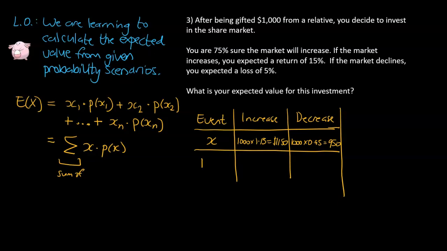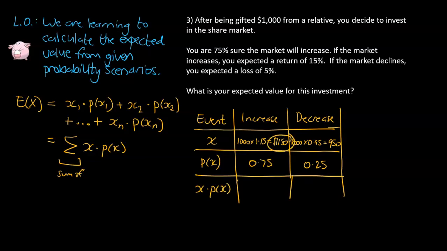We're then going to move on to the probability of each of these events occurring. The increasing is 0.75, and the decreasing has a 0.25 occurrence. And finally, our last row of this table is going to be X times the probability of X. Multiply 1,150 by 0.75, and that is going to get us $862.50.